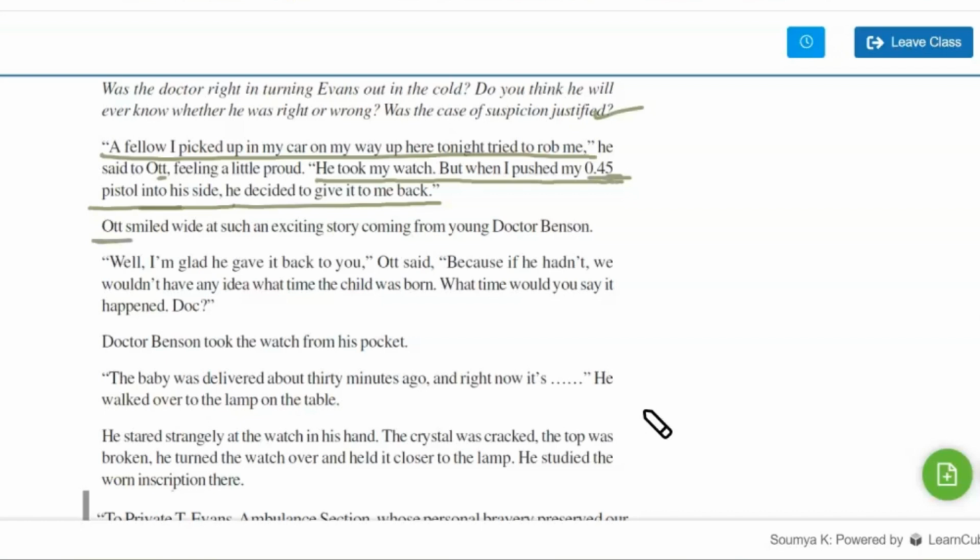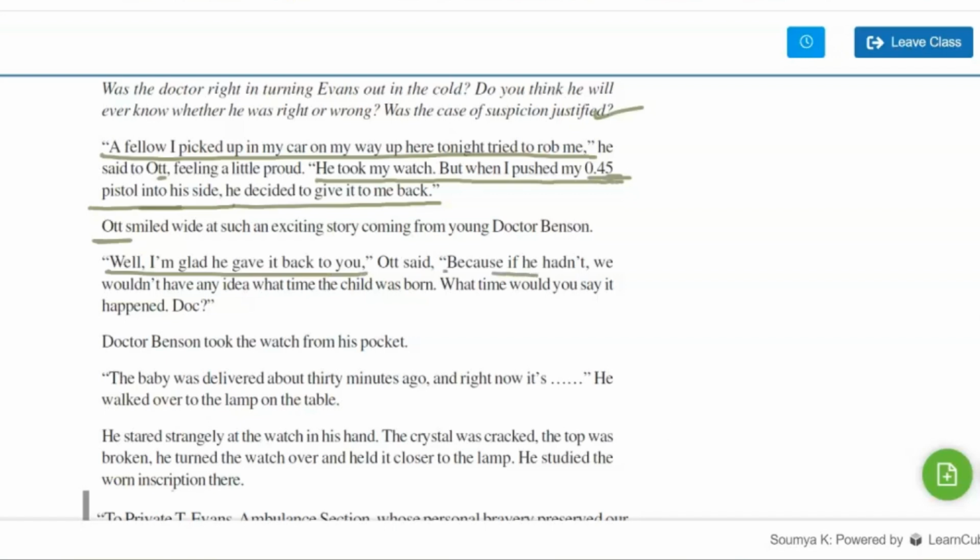Oat smiled wide at such an exciting story coming from young Dr. Benson. Well, I am glad he gave it back to you, Oat said, because if he hadn't, we wouldn't have any idea what time the child was born. What time would you say it happened, Doc? So, Mr. Sorley is saying he is glad that the watch is given back to him.